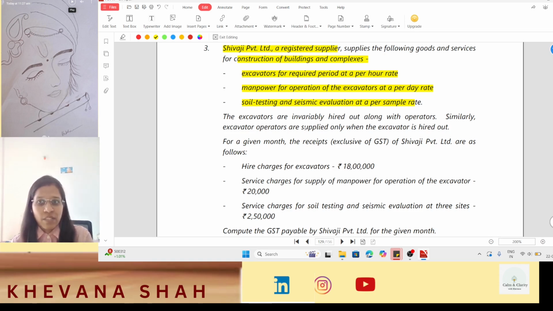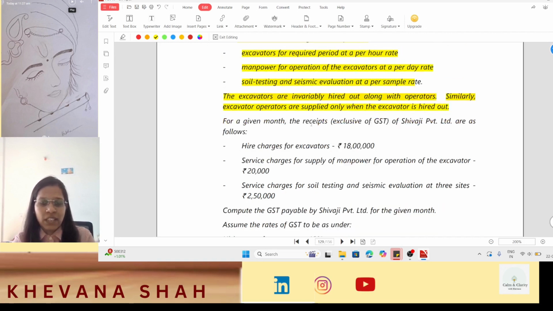And then further they are saying that excavator operators are supplied only when the excavator is hired out. So this is your composite service, okay? They are not sold separately. Then for a month, the receipts exclusive of GST are given.